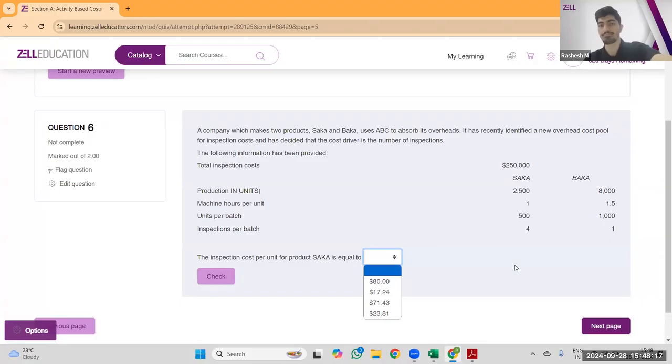I'll also do it. Try and allocate the cost to Saka and then find a cost per unit.